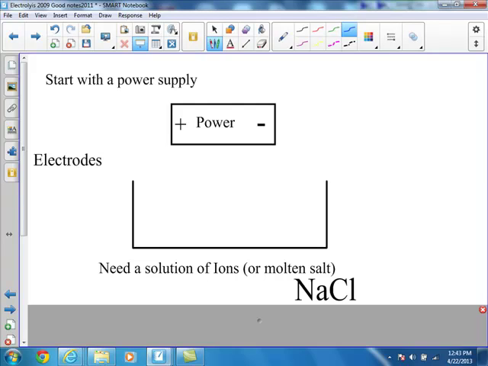Now, this is different than a water solution of salt. This is like NaCl that's melted. It's not NaCl dissolved in water. So in here, we have molten NaCl.